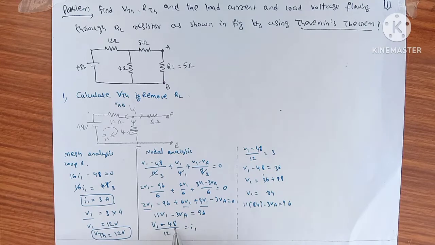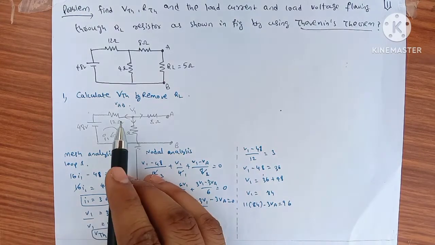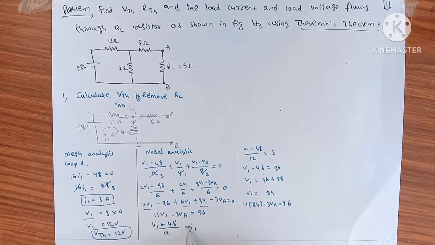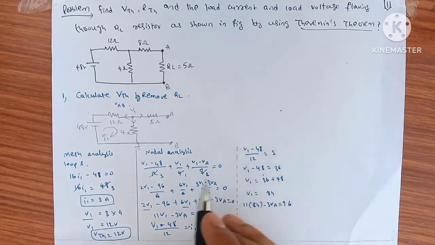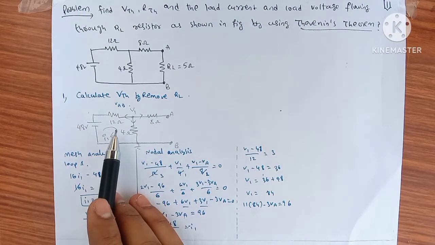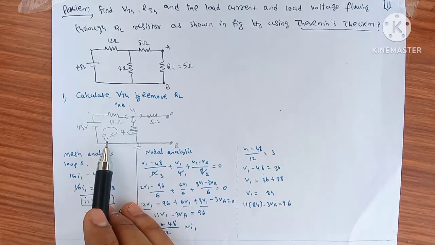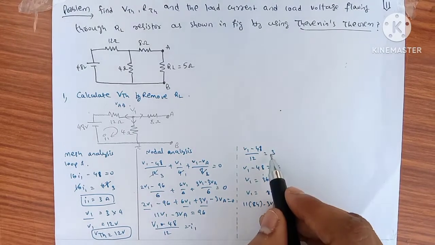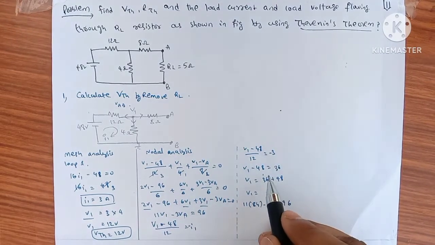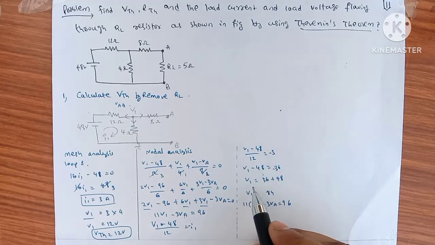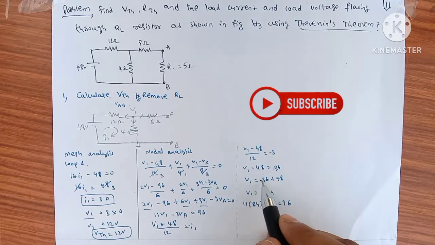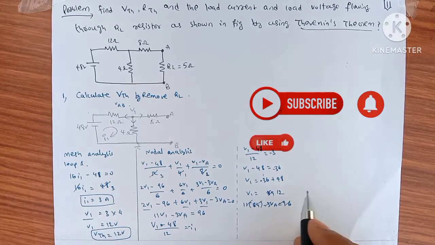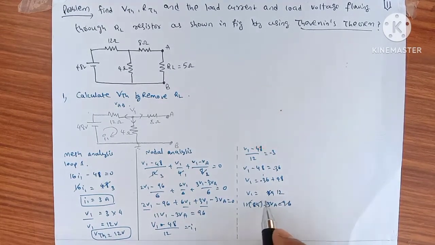Sorry, here we want to take minus I1 because we are taking the opposite direction of this current, so we must take the minus sign. So here minus 3, which is equal to minus 36. Now here we are getting 12. I'm sorry for writing this equation wrongly.